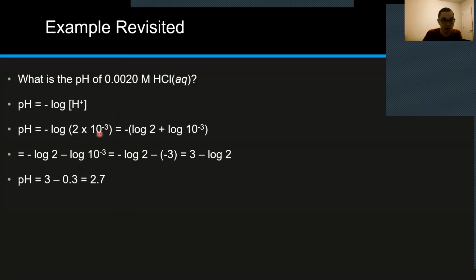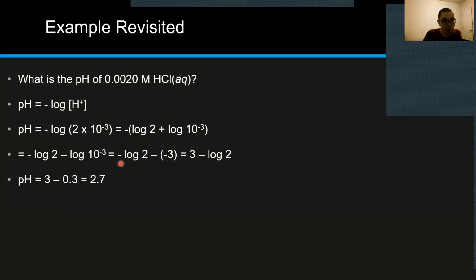Since these are being multiplied, I can split up these terms into the sum of log of 2 plus log of 10 to the minus 3, right? Right here, I'm just distributing the negative sign. The reason I'm distributing it is because we have a negative exponent, and as we'll see, if we lose this exponent, it's going to mess us up. So I went ahead and distributed it.